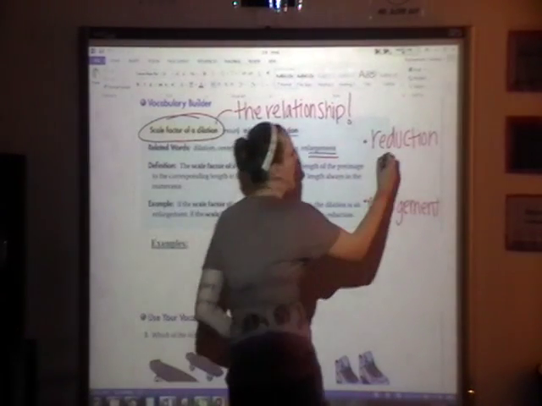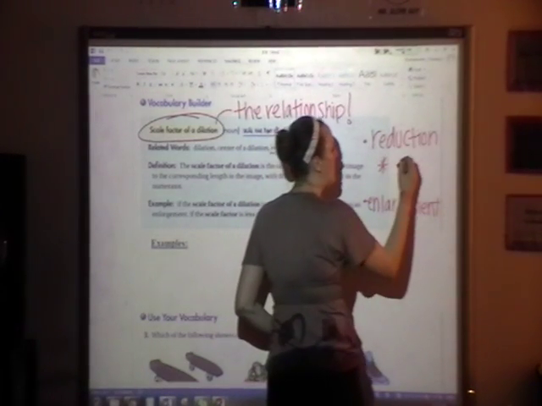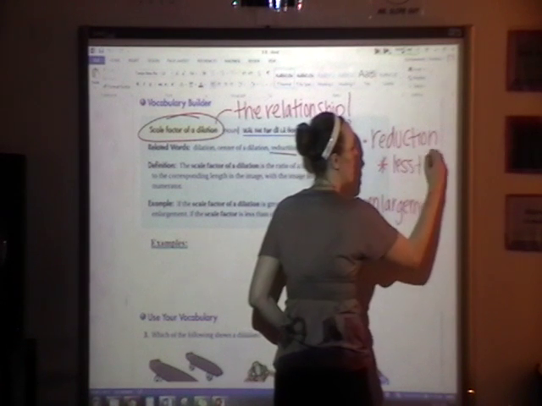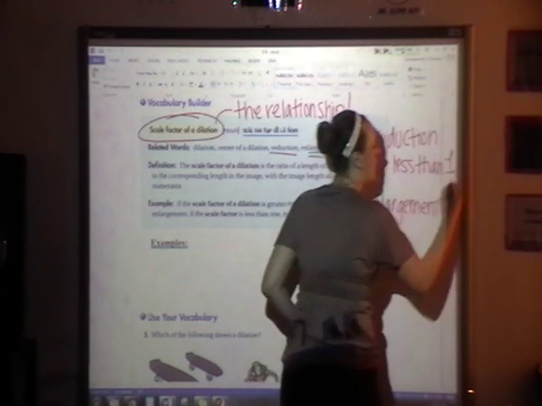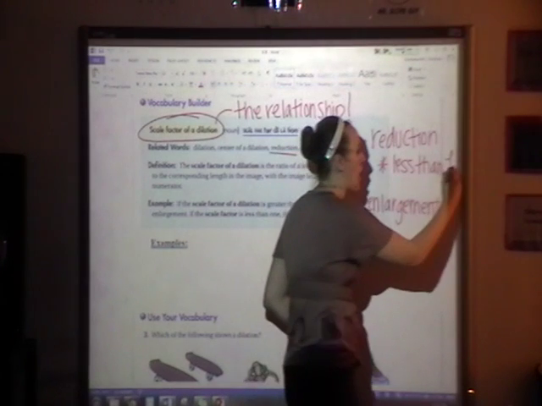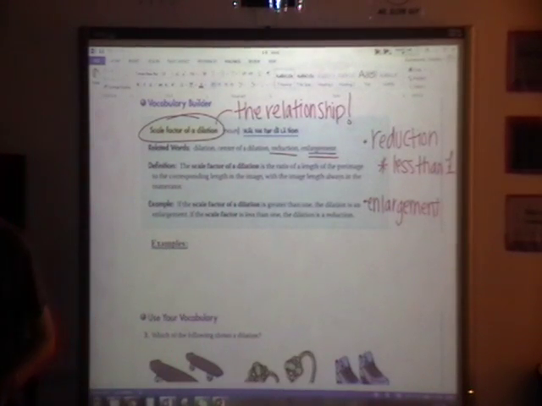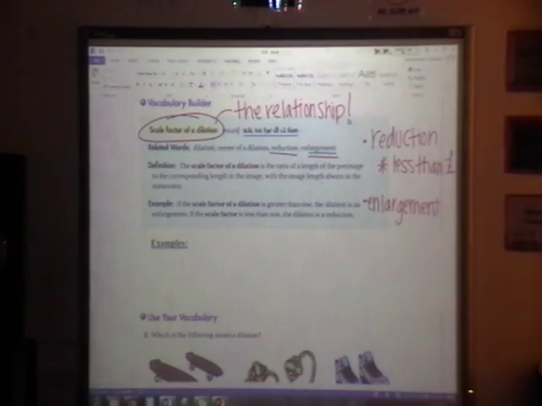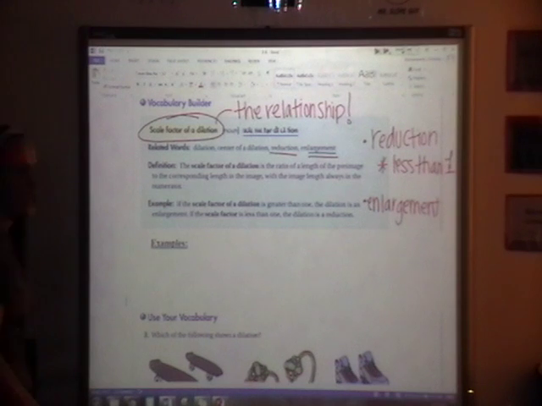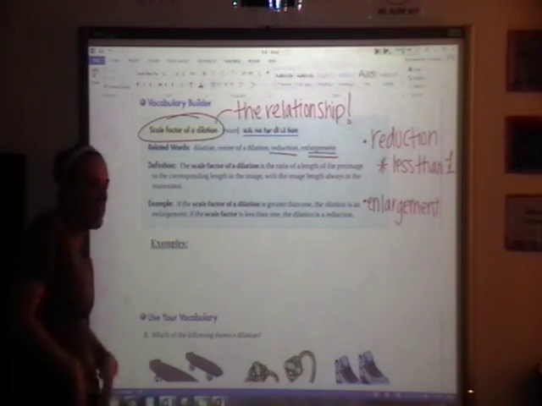The idea that we're going to get into is a reduction is always going to be less than 1. And that's going to make sense when we actually talk about scale factor. But for now, a reduction means that it's less than 1. It's getting smaller. So anything less than 1, 0.75, is that less than 1? Yeah, it's smaller. It makes sense.